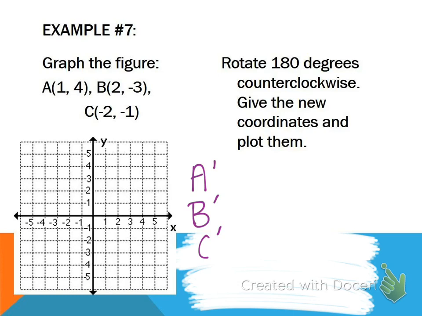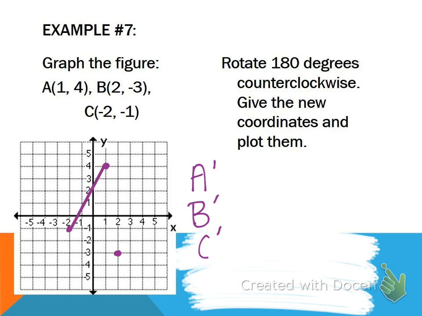The point 1, 4 is? Careful. Right 1, up 4. Left or right first, then up or down. 2, -3. Right 2, down 3. And 2, -1. Left 2, down 1.